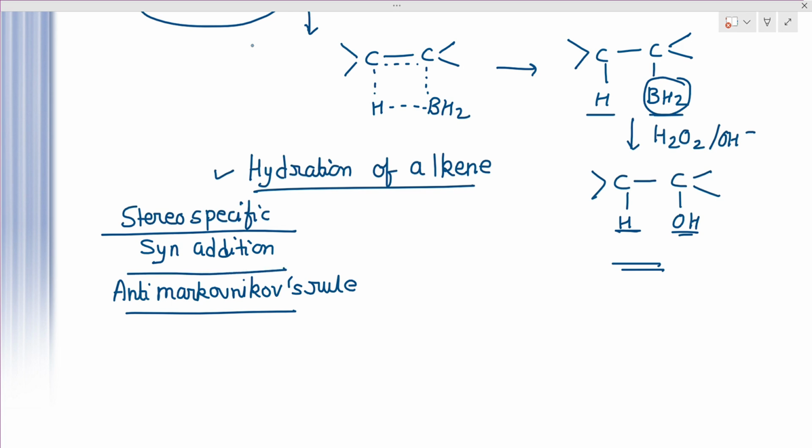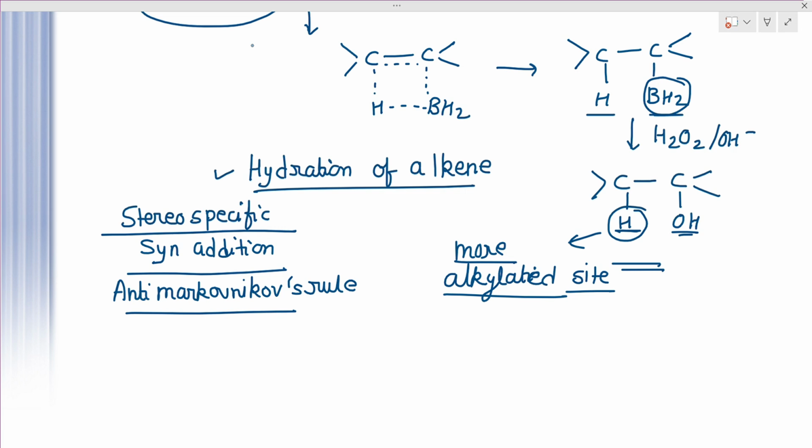And thirdly, it is anti-Markovnikov's addition. It means this hydrogen is added at the more alkylated site. In the general hydration reaction, the hydrogen is added at the less alkylated site. Why? Because in that way we get a stable carbocation.